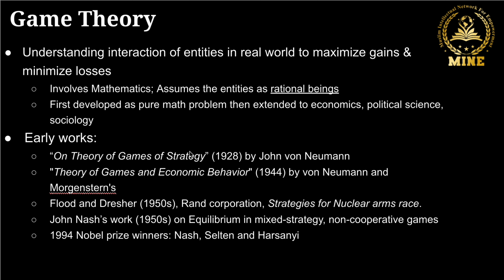The early works on game theory was developed by John Von Neumann in his work on theory of games of strategy. And in the next 16 years, he worked on applying that game theory to economic behaviors.